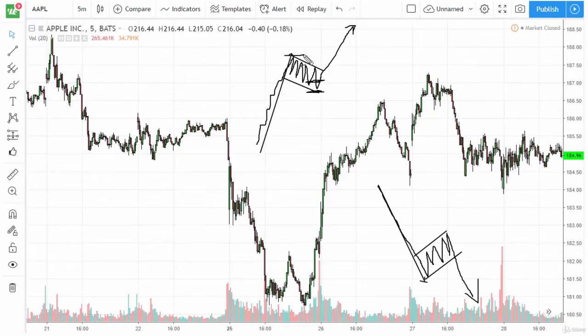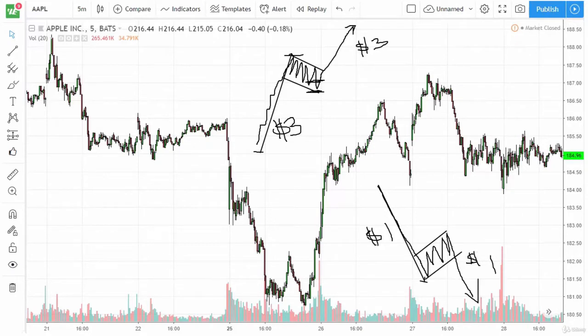Say, for argument's sake, this is $3. On the break of this, you're looking for $3 from the breakout point, not from here, but from the breakout point. Same thing over here. If this fall was $1, once we break down, you're looking for a move of $1. So that's a flag.